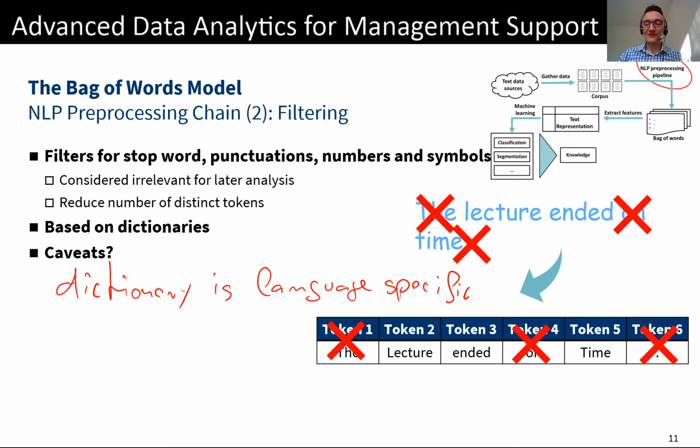Should you be in the case where you work with another type of language, maybe some more exotic type of language? Well, what is an exotic language? I don't know. I don't want to give an example that might put somebody off, but you get my point. Any tools that we need that are language specific, and dictionaries are one example, are best developed for English and maybe Chinese. For your target language, the one that you need to work with, maybe there is no really good, strong dictionary available. So that is a complication.